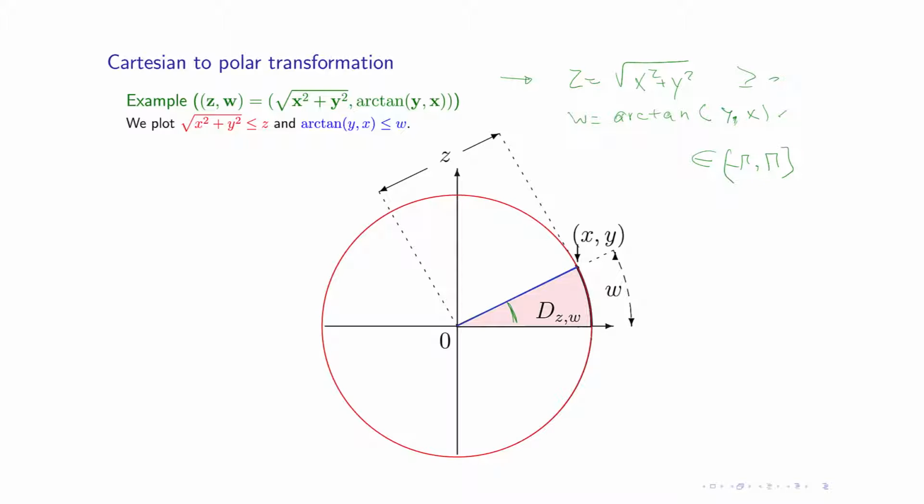So the first thing is to determine D_ZW, which is the set of pairs of points x and y inside R2, in the 2D plane xy, such that g of x and y is smaller than or equal to z, and h of x and y is smaller than or equal to w.